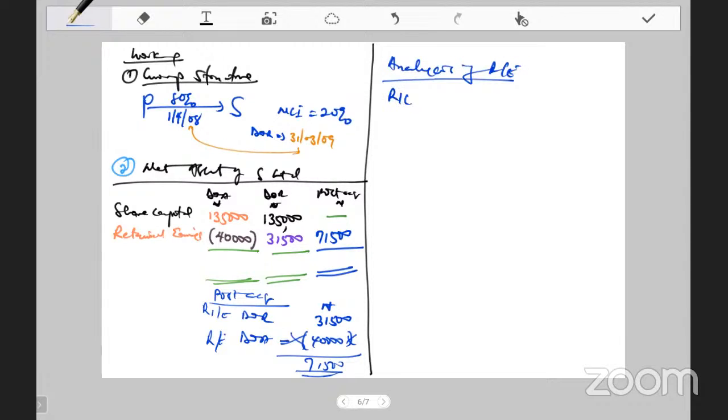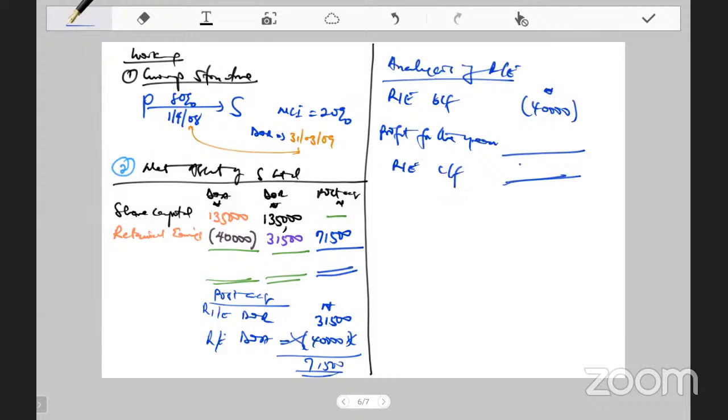You have retained earnings brought forward, which is minus 40,000. Now, what would have been the profit for the year that will give me a retained earnings carried forward of 31,000? So that is what we are saying here.